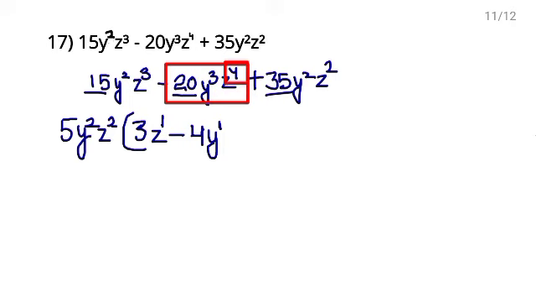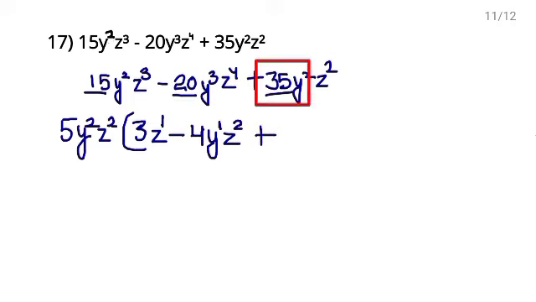In this, z raised to the power 4 was there but we have taken z square outside. Power 4 of z, square taken outside. So if we subtract power 2 from 4, we will get 2. Plus, from this term 35y square z square, if we are taking 5 outside, 5 7s are 35. We will be left with 7.